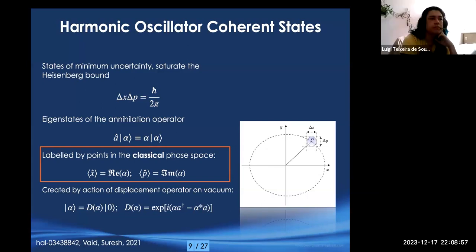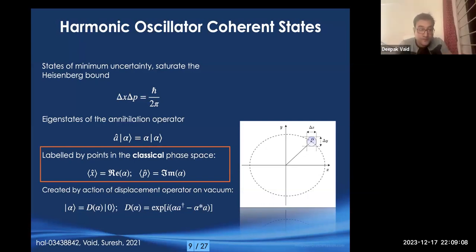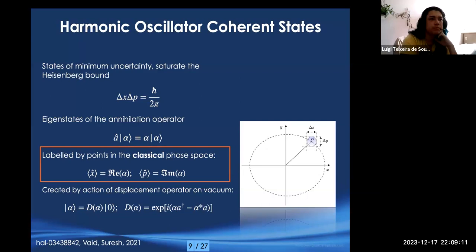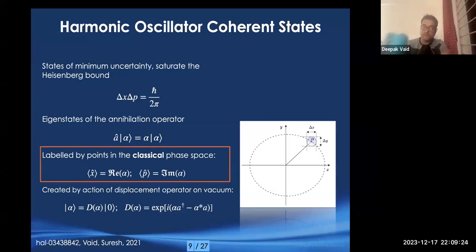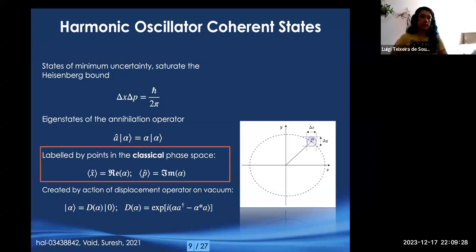It is the exponentiation of i times momentum. When you exponentiate the derivative with respect to x times something, you basically displace the argument of the function.